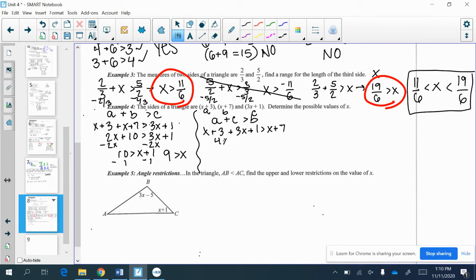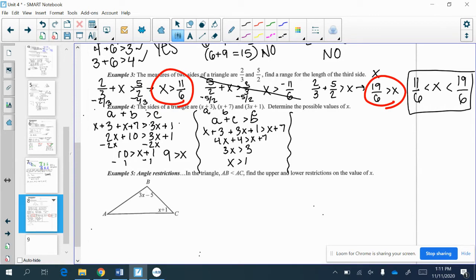So 4x plus 4 is greater than x plus 7. So I end up getting 3x, and then if I move the 4 over here, is greater than 3. So x is greater than 1.